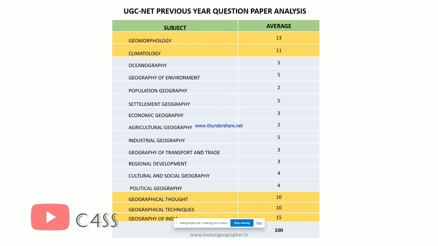For the rest of the areas the questions vary between 2 to 5. It is not more than 5 questions that they have ever asked from the other topics. But these 5 topics are the crucial ones for you to get through UGC NET. So if you are interested in getting a JRF, concentrate on these topics, right? And you will get it much more easily.